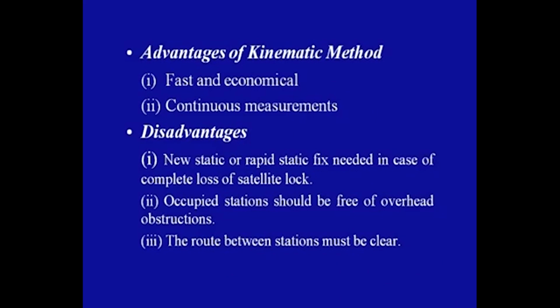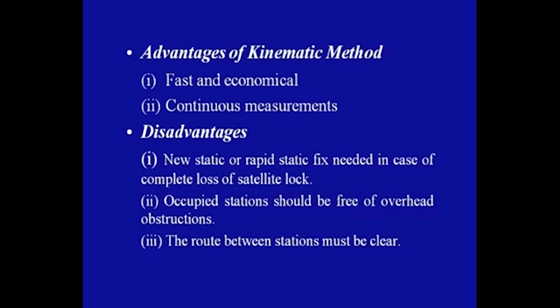The advantage of the kinematic method is that it is fast and economical and provides continuous measurements along a line or a chain. However, there are some disadvantages. It requires a static fix with a continuous chain of satellites. In case of a break or loss of signal, a new static or rapid static fix is required.